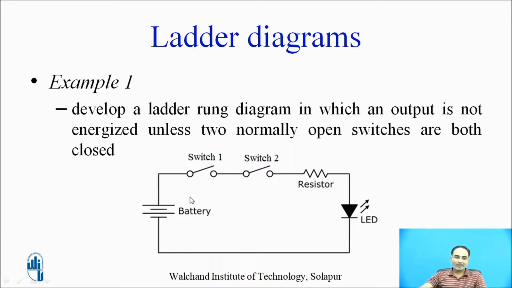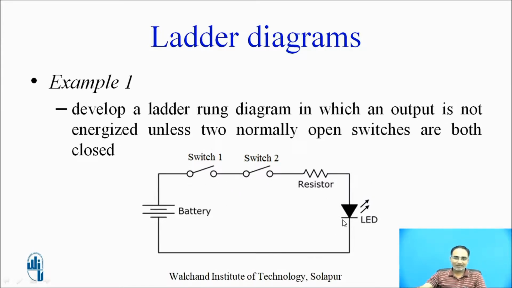So let us develop a ladder rung diagram to perform this AND operation. Here basically you require two normally open switches and one output coil, and all these are connected in series.